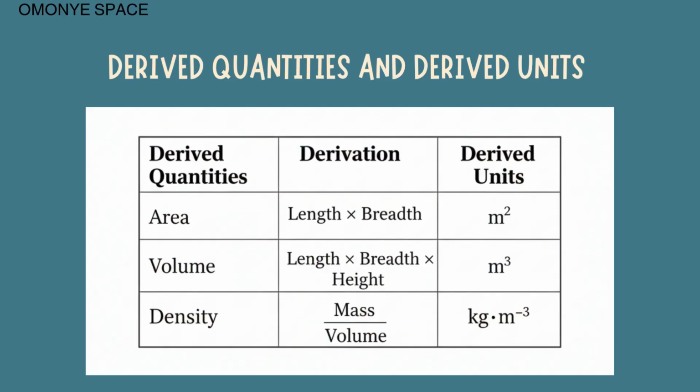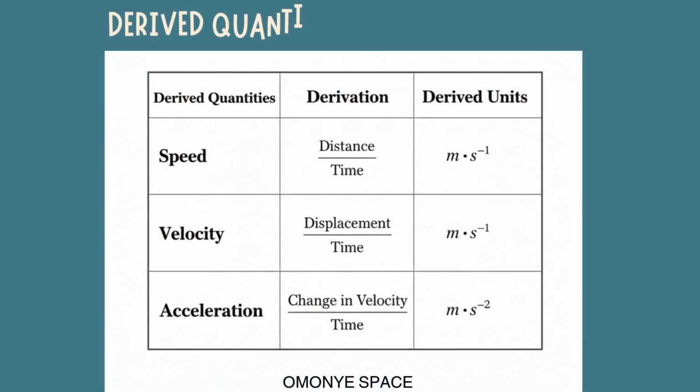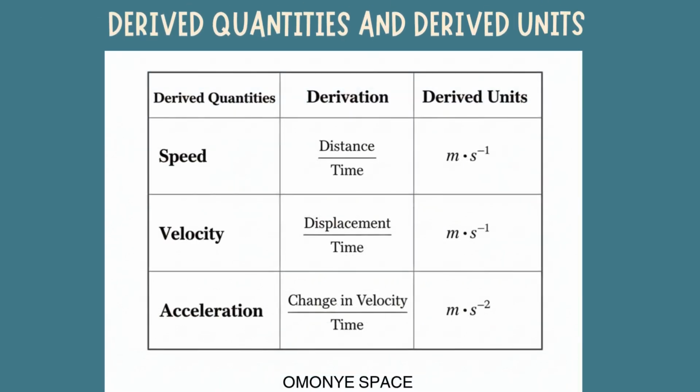Density is mass over volume. Mass is in kilogram. Volume is in meters cubed from the above. So taking meters cubed up, we'll have m to the power of -3. That is why we have the derived units under density as kg m to the power of -3.